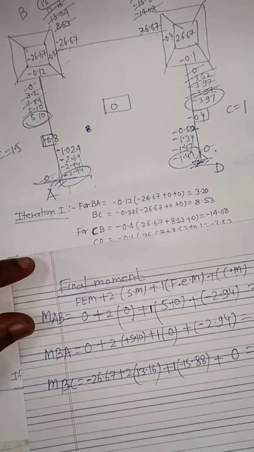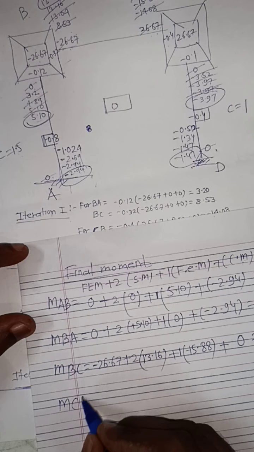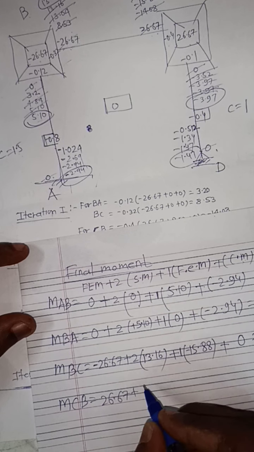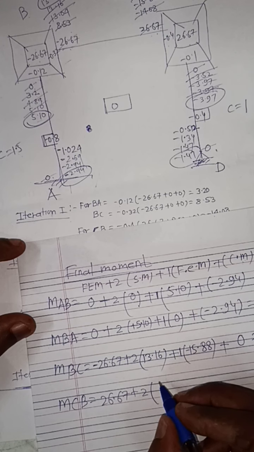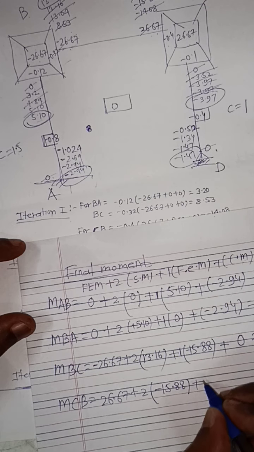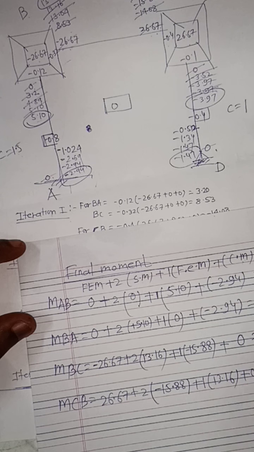Now consider the next part, that is M of CB. 26.67 plus 2 times minus 15.88, plus 1 time 13.16, plus 0.